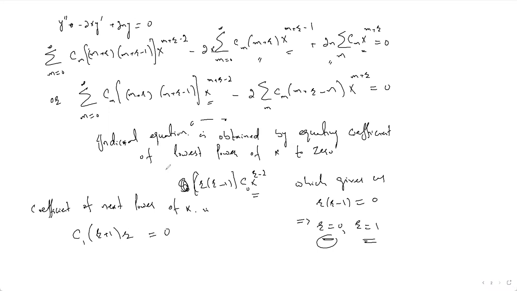The coefficient of x raised to m plus r minus 2, I am writing here. Now from this particular equation, you know that r is 0 or 1, and r plus 1 can never be equal to 0 for any value of r. Agree? Whatever the value you give to r, it is not equal to 0. So it implies c1 may or may not be equal to 0.